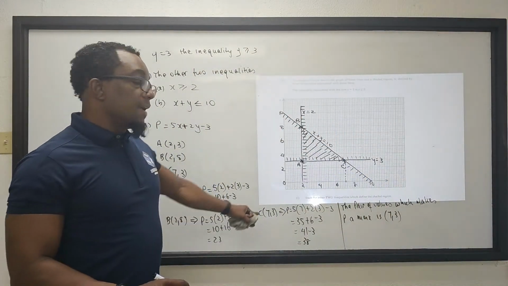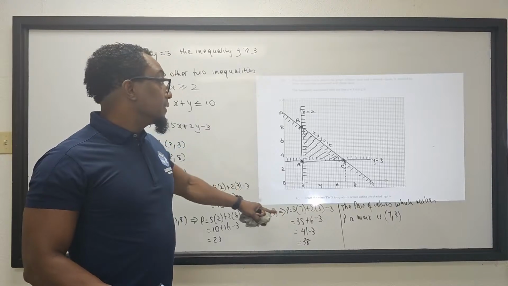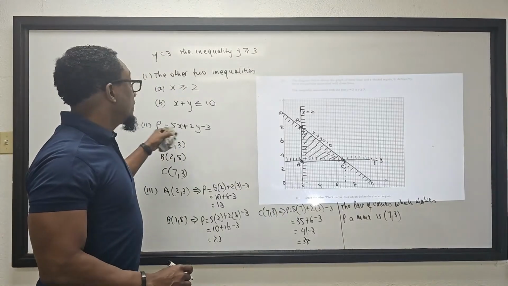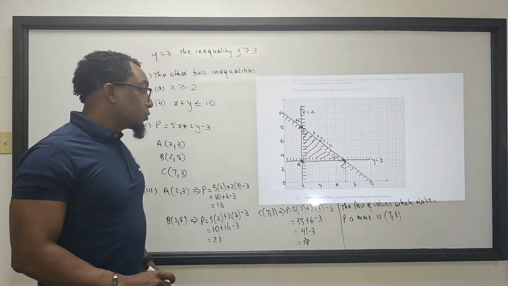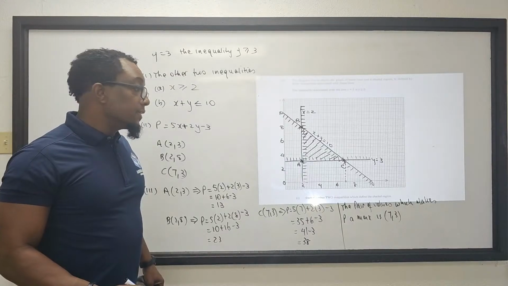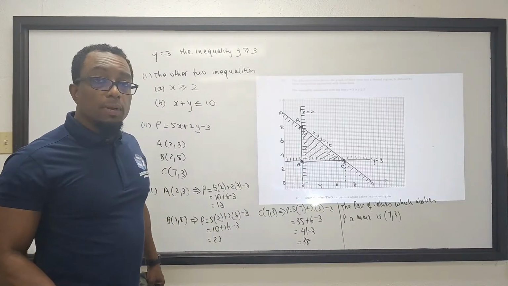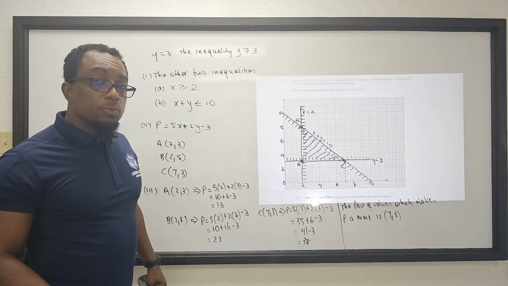Alright? Because when we substituted 7, 3 into the expression given for P, it gave us the maximum compared to all other points that we substituted into P.